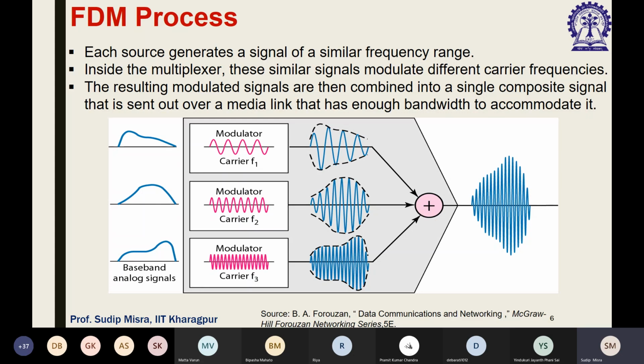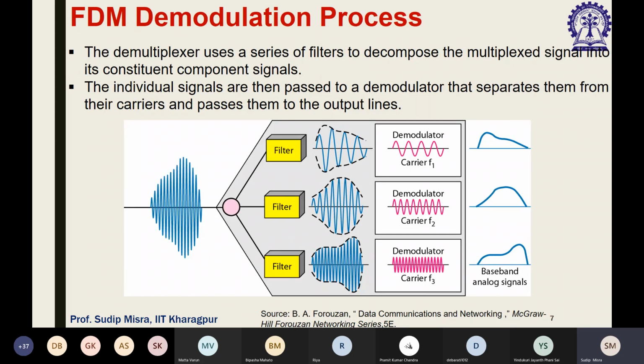Now let us look at what the demultiplexer is going to do. The demultiplexer is going to receive that modulated combined composite signal from the multiplexer, and then with the help of filters, first it is going to filter out the different signal components, and after this there is a demodulator circuit through the demodulation process.